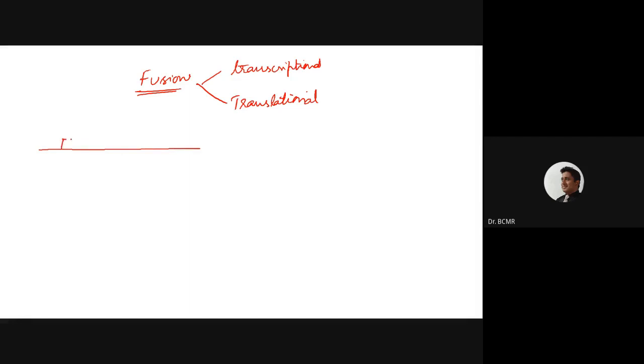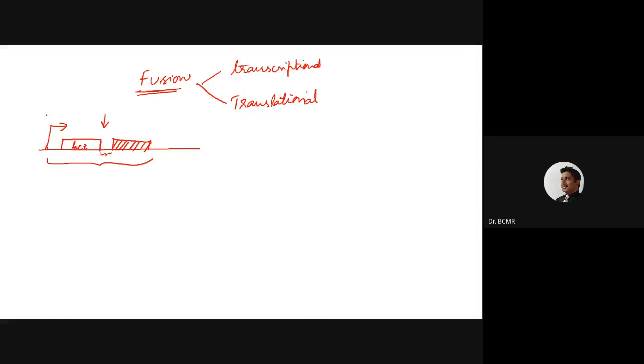So if I have a gene like this, and there is a promoter, and I'm cloning the gene of interest here, this is now one complete transcriptional unit. There is no promoter within this intergenic region. No promoter, no terminator.